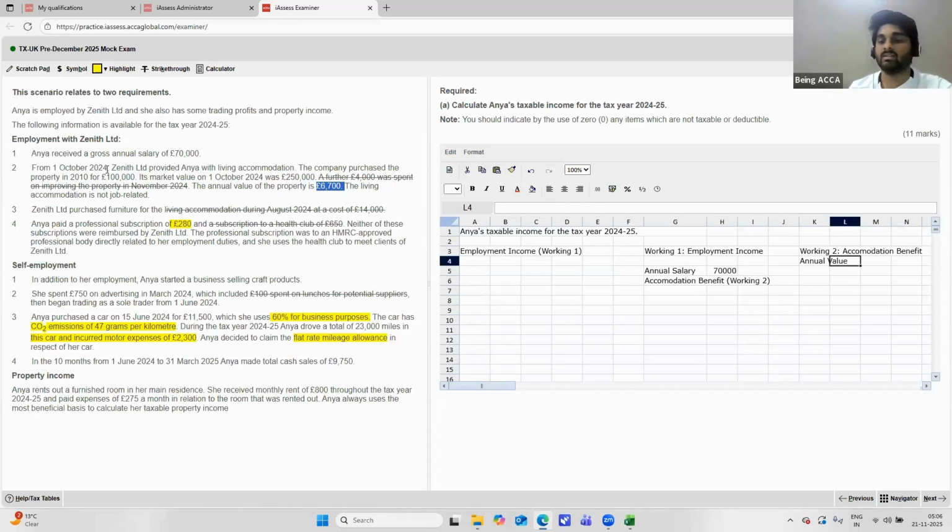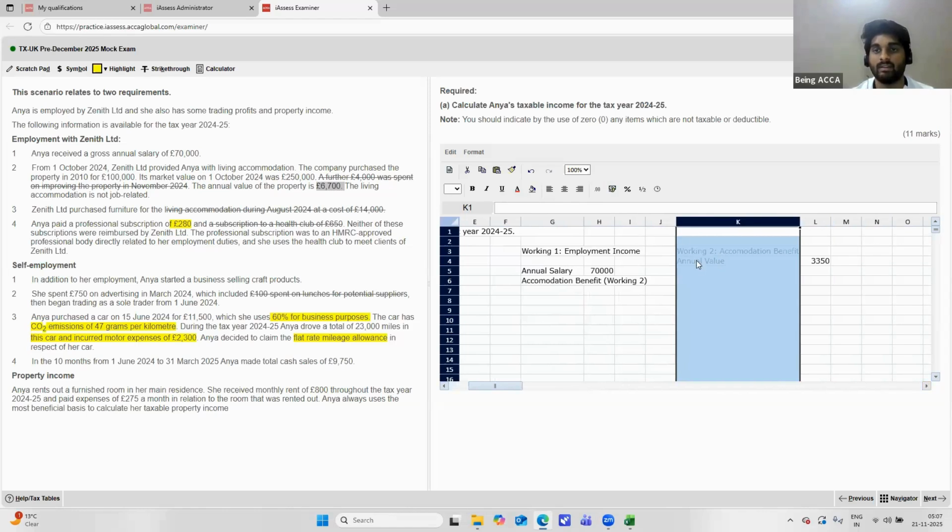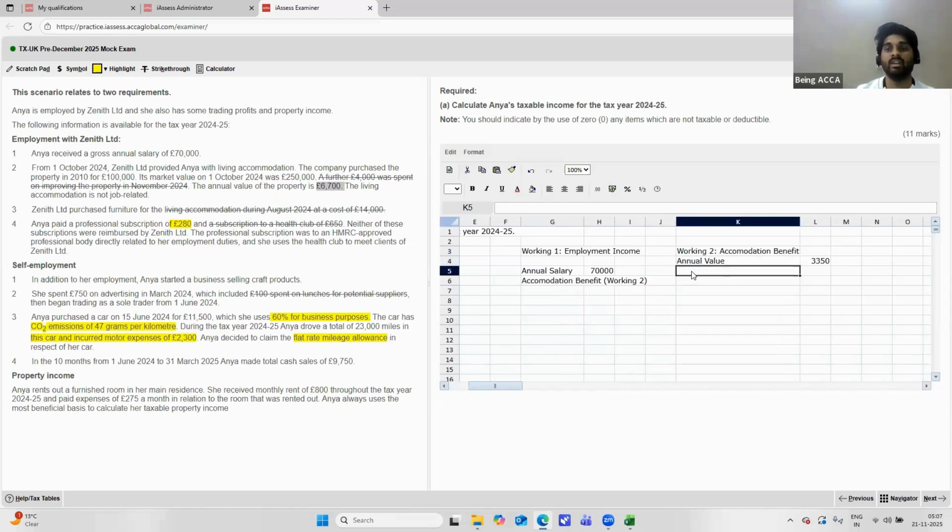So the annual value of the property should be prorated for the period that it was provided for. So this would be equal to 6,700 into 6 by 12, giving your annual value of 3,350.